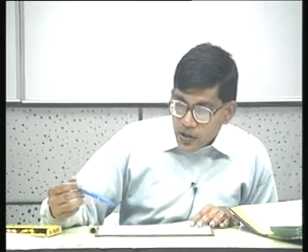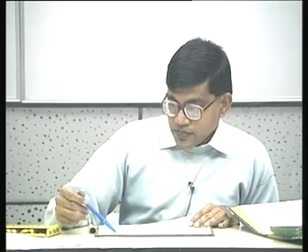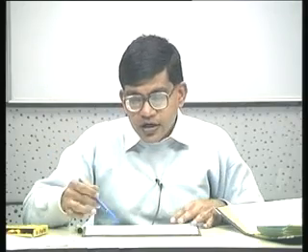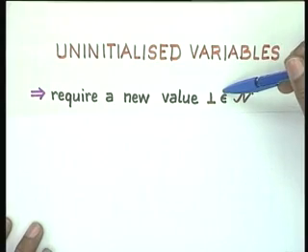So we will take the safe view that there is a new value in the underlying virtual machine, but it is not part of the language. It is not something that a programmer can explicitly use. It is only in order to provide, let us say, runtime or compile time error checking for uninitialized variables.